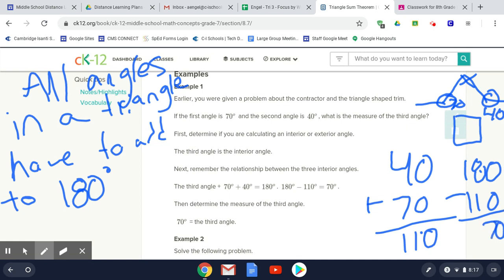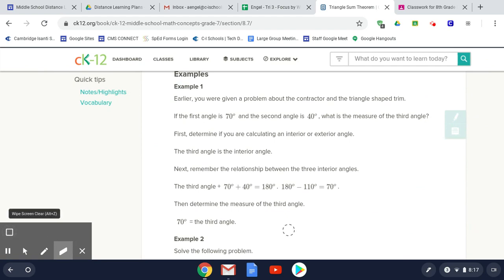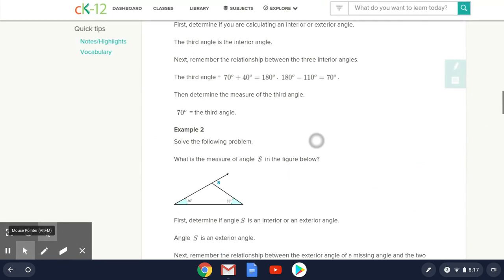It would be 70 degrees. That is the difference, because all three of our angles inside of a triangle have to add up to 180. So we have 70 plus 70 equals 140, plus 40 equals 180 degrees. Let's look at example 2, my friends.